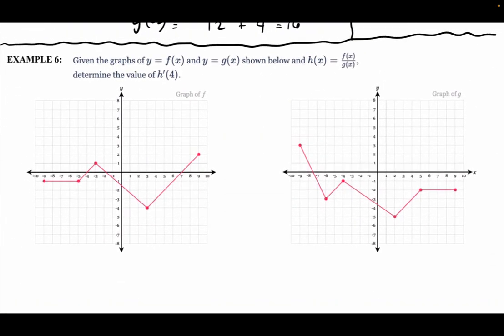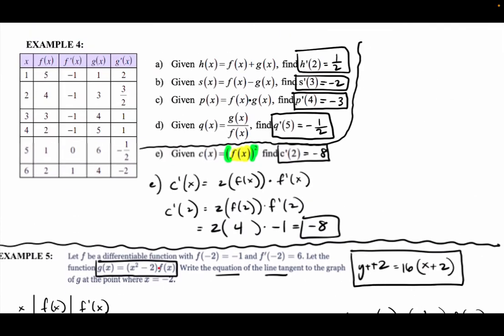No tables. We have graphs. I have a graph of f and a graph of g. Well, aren't tables graphs without the dots, right? That's all they are. These tables up here are just points on the graph.